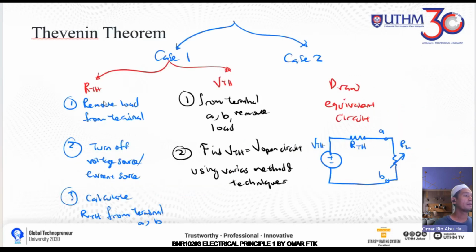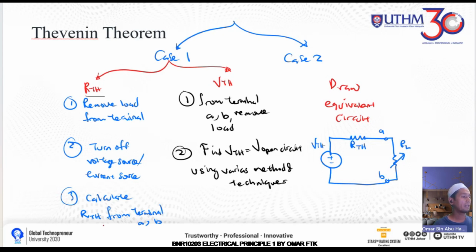So this is how, in the Thevenin theorem, if you have a circuit, first you have to remove the load in order to determine the resistance value of the Thevenin RTH. And then you have to turn off the voltage source or current source.